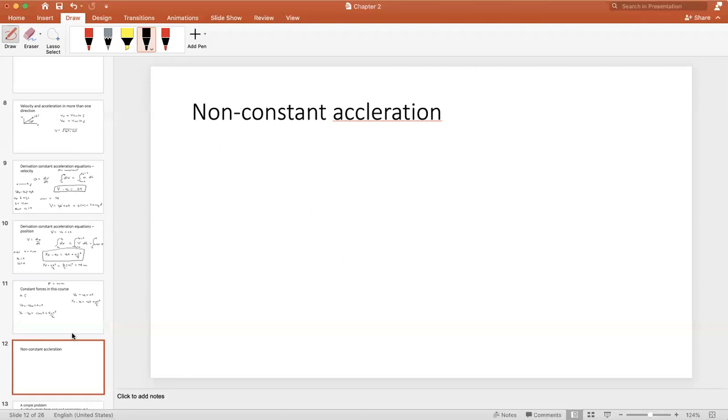If it were not constant acceleration, say a were 4t squared, all you'd have to do is get dv is equal to a dt.